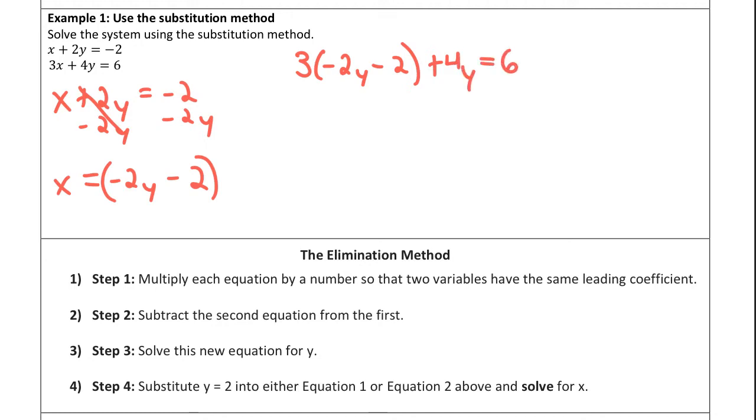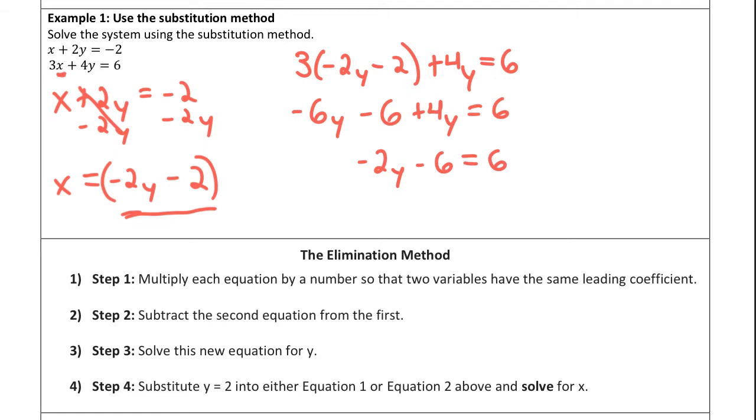So that's me substituting out x and substituting in this expression. So I distribute, simplify, and I can solve this. So this becomes negative 6y minus 6 plus 4y equals 6. So this is negative 2y minus 6 equals 6.